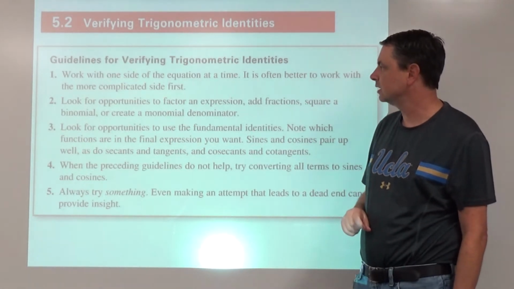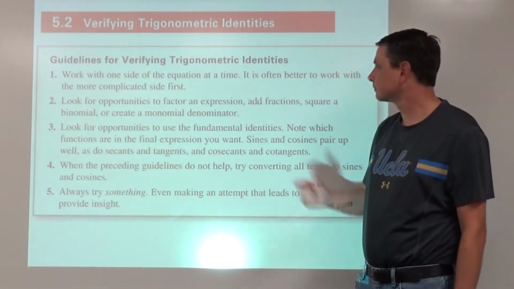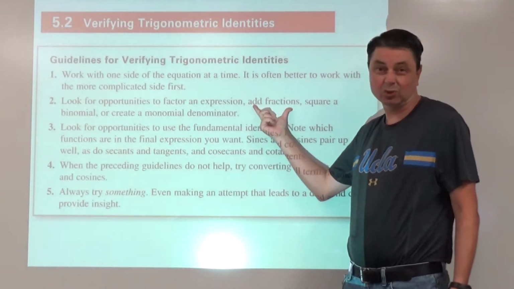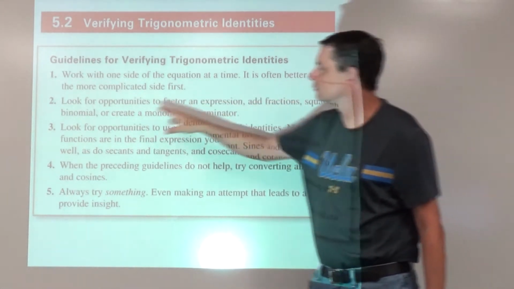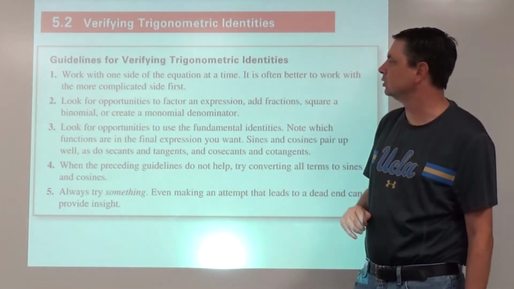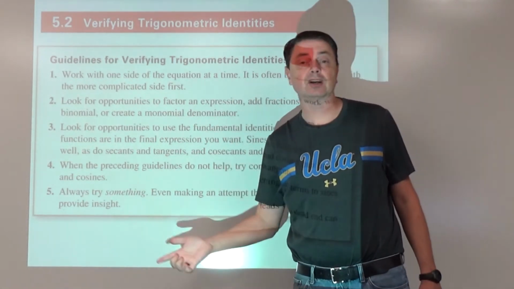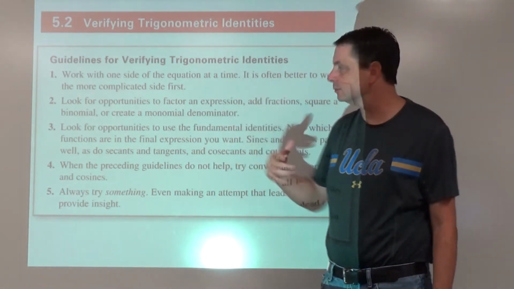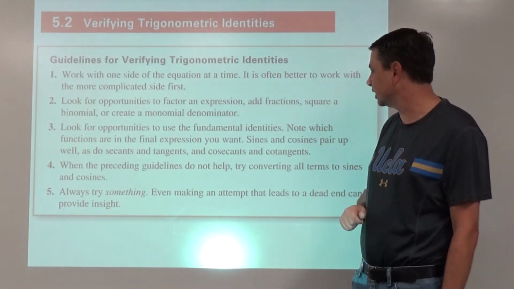You have the choice. Things that you could be trying to do. Factor. If it says addition, try adding them together. Square a binomial. That one's a little tricky. Create a monomial denominator. Maybe something like conjugate, top and bottom. Those kinds of things. Look for opportunities to use the fundamental identities.